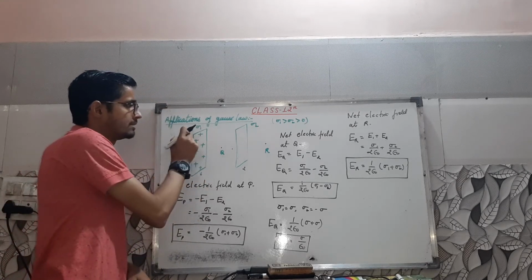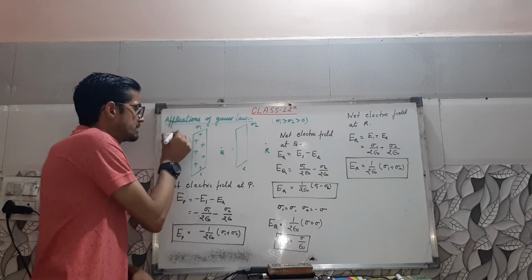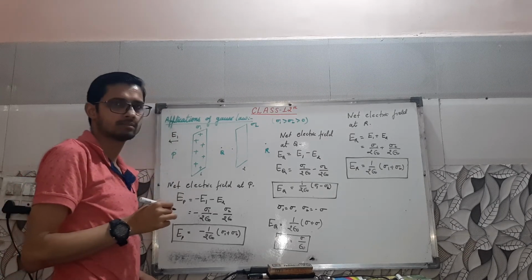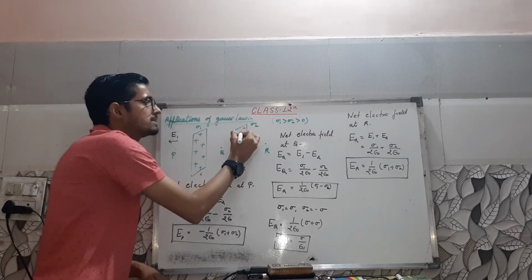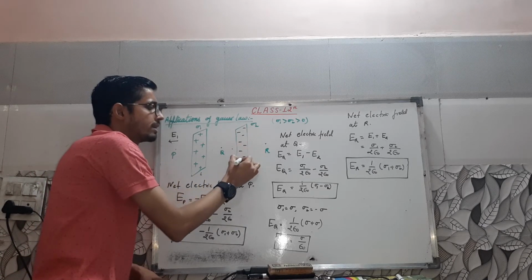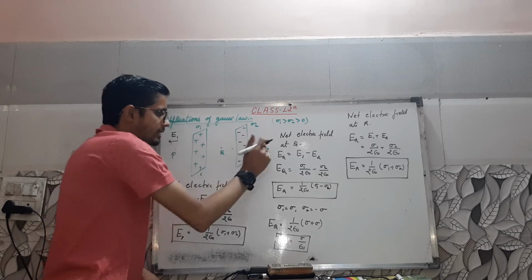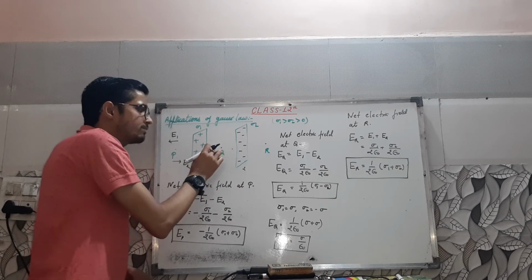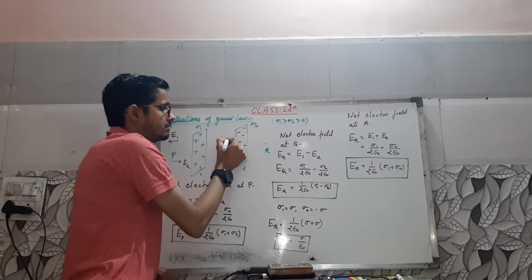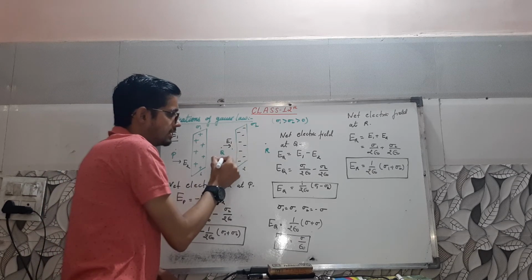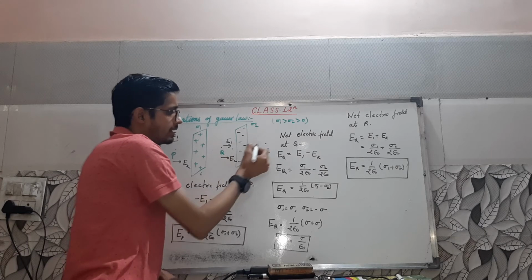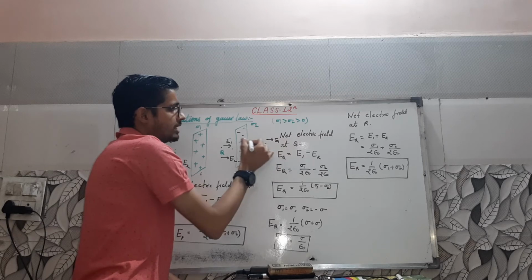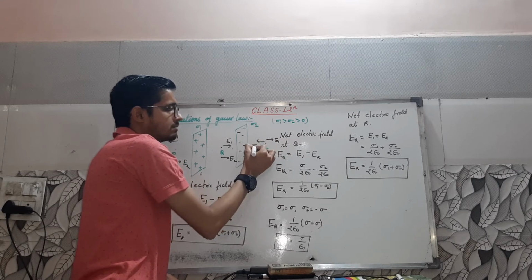Again this is sigma 1, so it is obviously in the direction E1, but this plate is negatively charged, so it radially inverts, so it goes in this direction. At this point E1, but due to this it is again in this direction. Here due to positive it is going in this direction, but due to this negative it is in this direction.